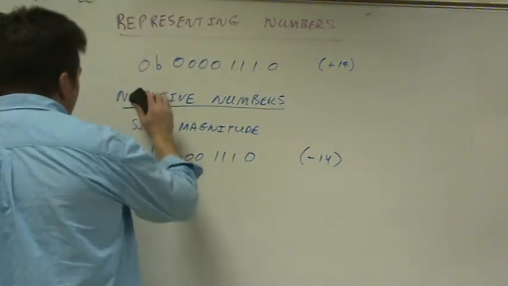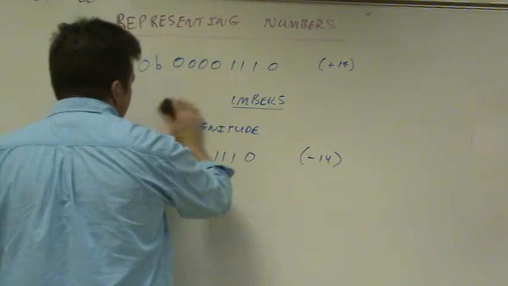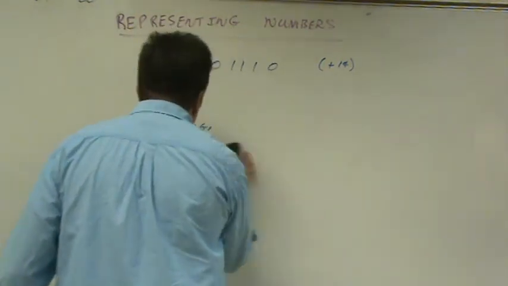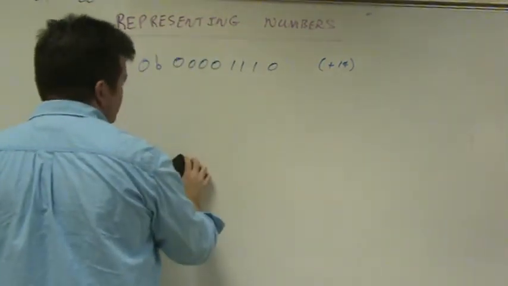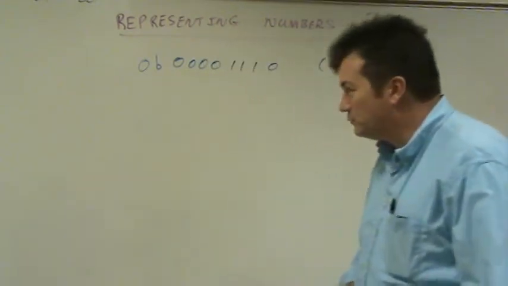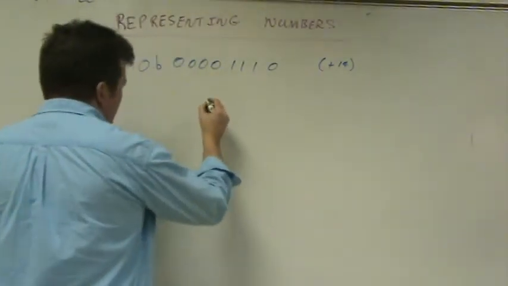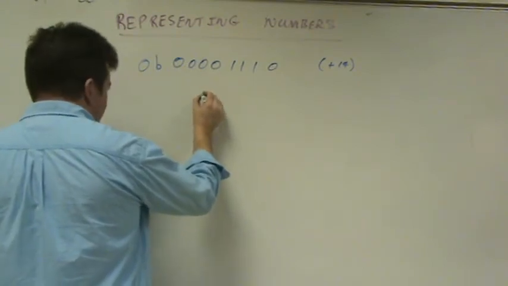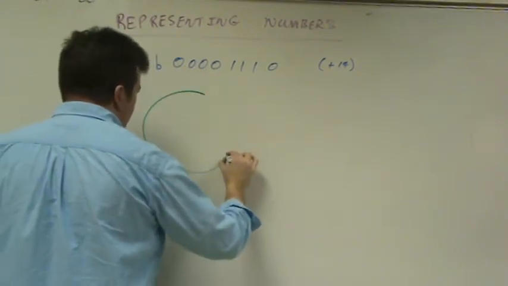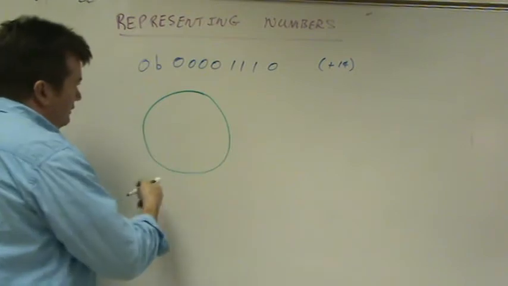But there's another way of representing negative numbers. And this might sound a little strange at first, but it actually will help us with the subtraction problem. So if we think of the numbers as just going around in a circle.